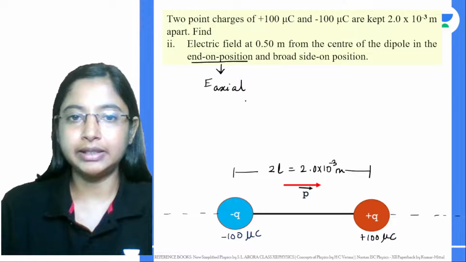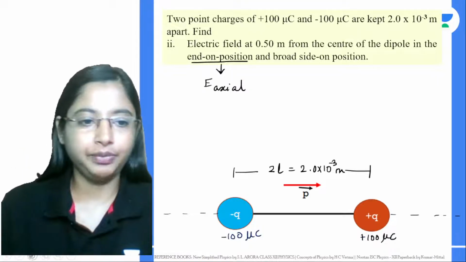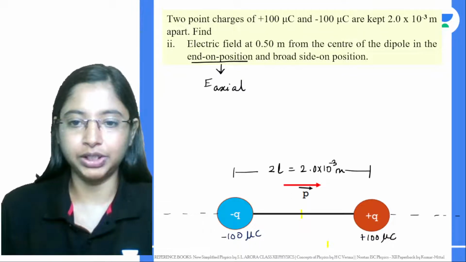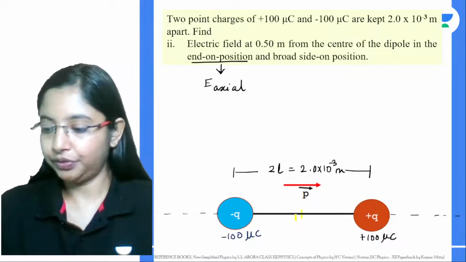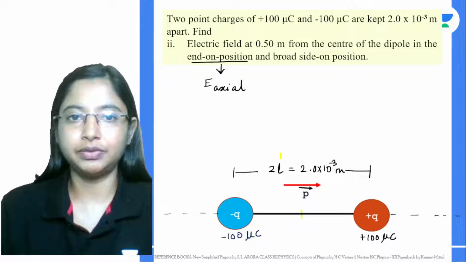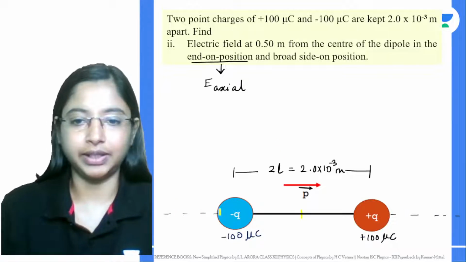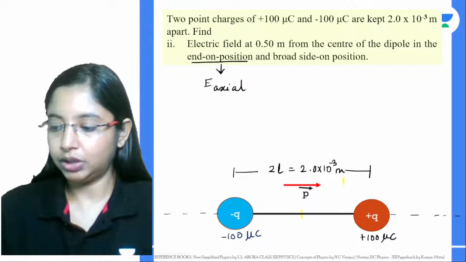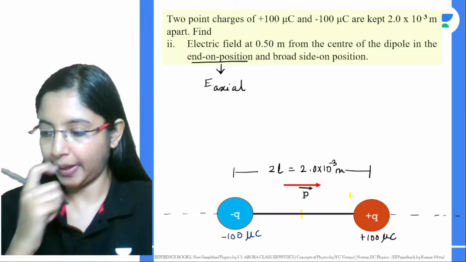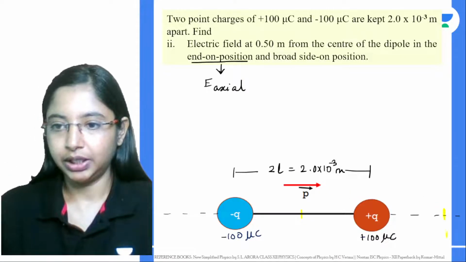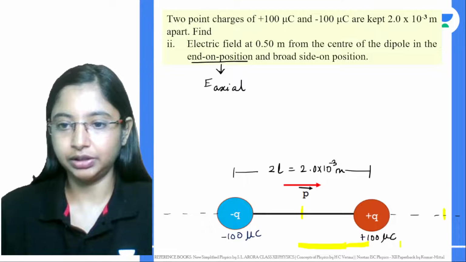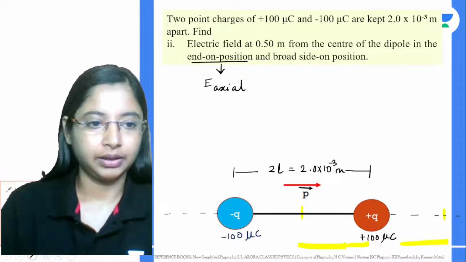From the center of this dipole, if I go 0.5 meters to this side or this side, then they want the field at that point. This entire distance from the center is 0.5 meters, according to the question.